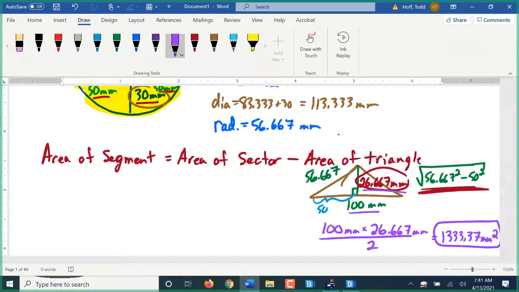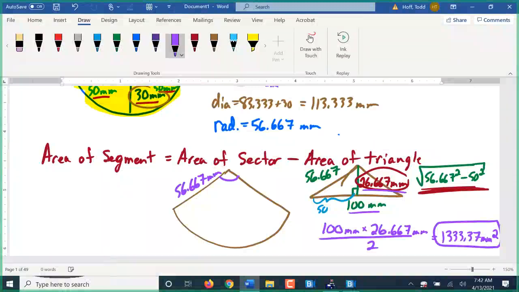Okay, so we got 1333.37 square millimeters is the area of the triangle. Now we need to go back to find the area of the sector. That's this shape here. What we need to know is this angle here. We already know the radius is 56.667 millimeters.